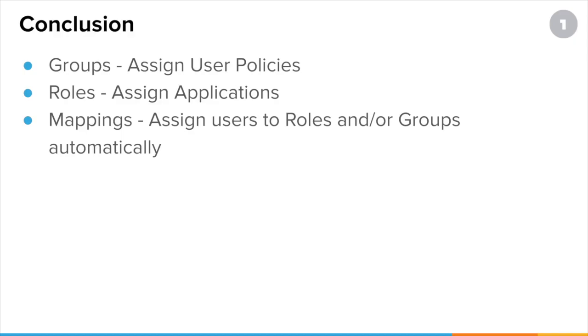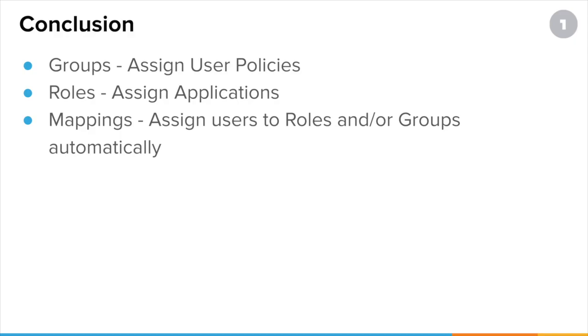Groups, for the most part, are used to assign users to user policies, those security policies that control how a user logs into the OneLogin portal, basically. Roles are used to, again, for the most part, assign users to applications. Which app connector tiles are they going to see in their OneLogin portal?